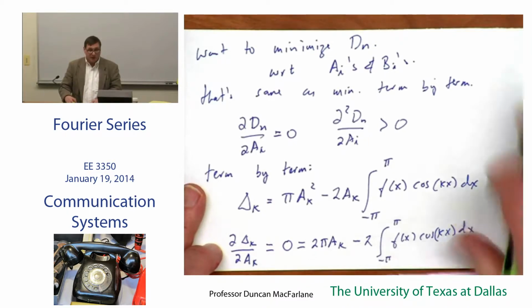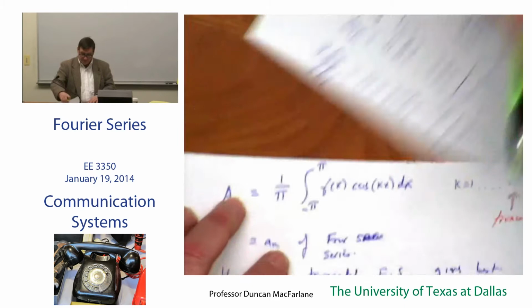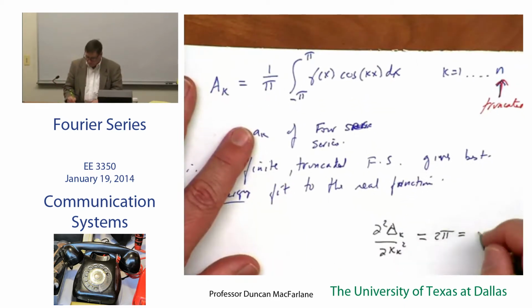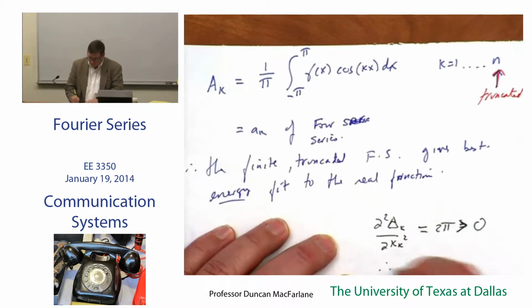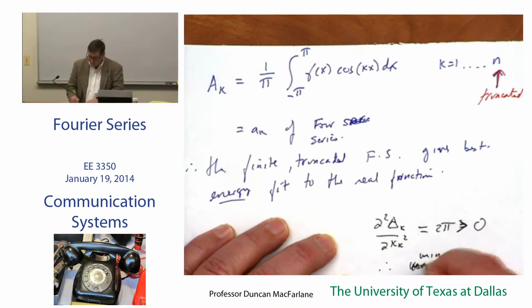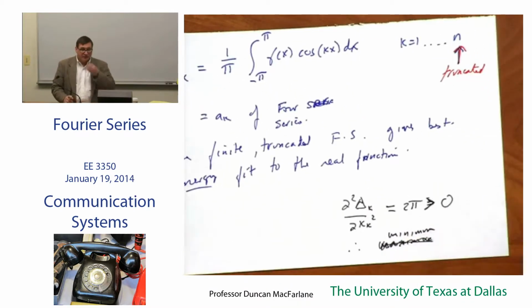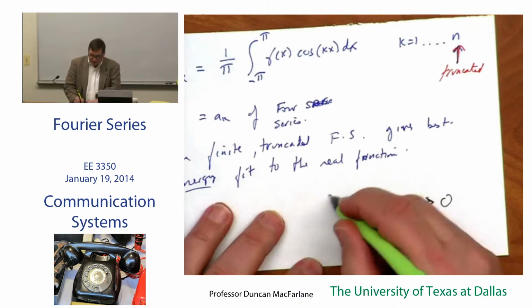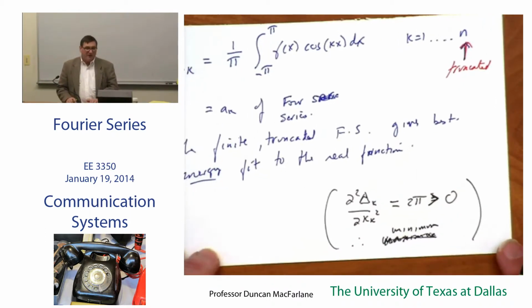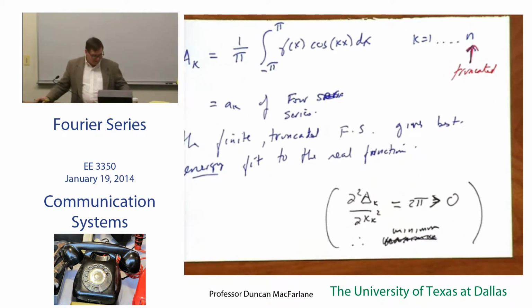So that's equal to 2 pi, and that's greater than 0. And I think that means that I have a maximum. I'm sorry, minimum. Right? So that's just a little check. Are we getting trapped by our math?